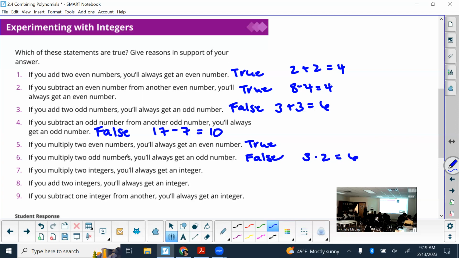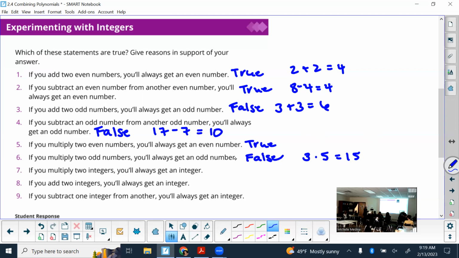Can you think of any 2 odd numbers that we don't get an odd number? 5 times 3, we get 15, which is also odd, so that justifies this.